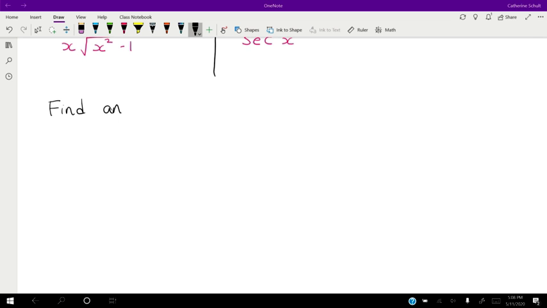Let's find the antiderivative of the following function. R prime of theta is equal to secant theta tangent theta minus 2e to the theta.